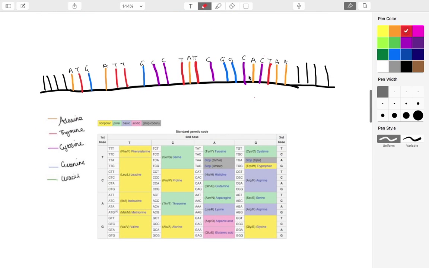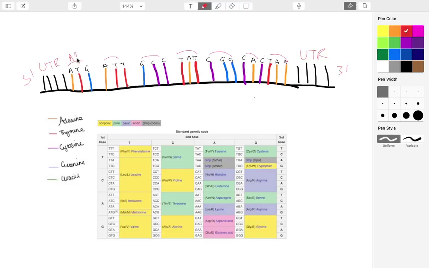I've already put the base pairs along here. If we translate that into codons, our first thing is codons. And you've obviously got your 5' and 3' UTR here. So we will translate this.